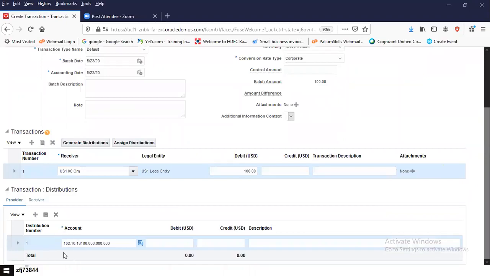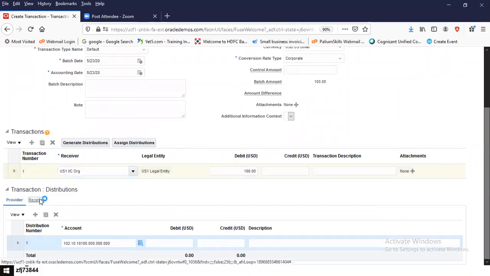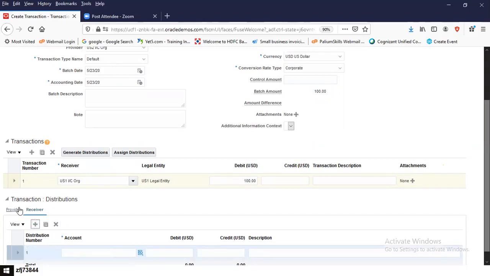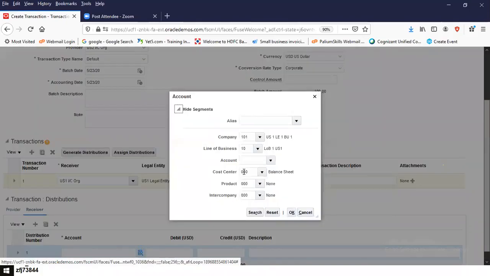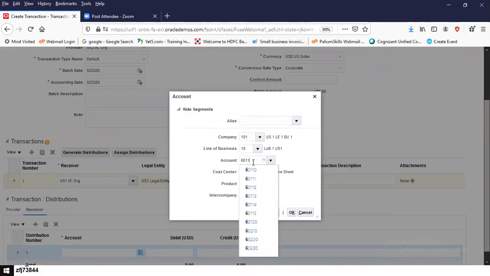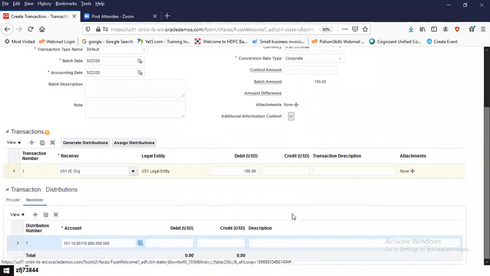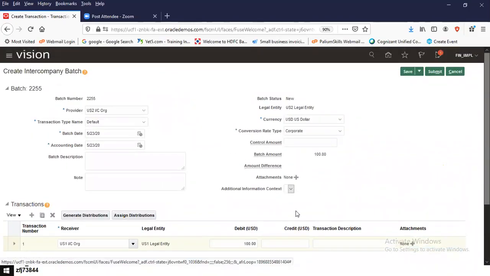So we have the US2 102, and the receiver is our 101, for that we'll have to put it to the 101 account. Okay, so now the entire thing is done.